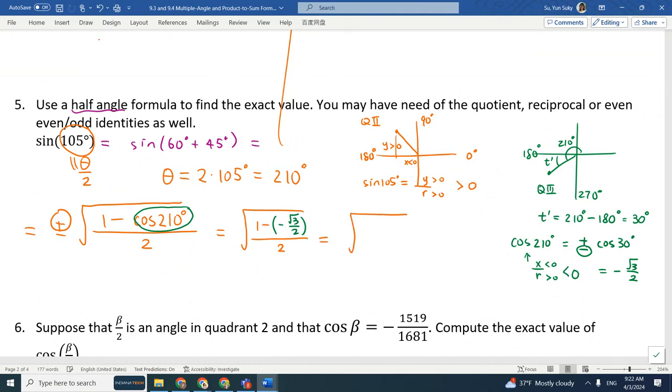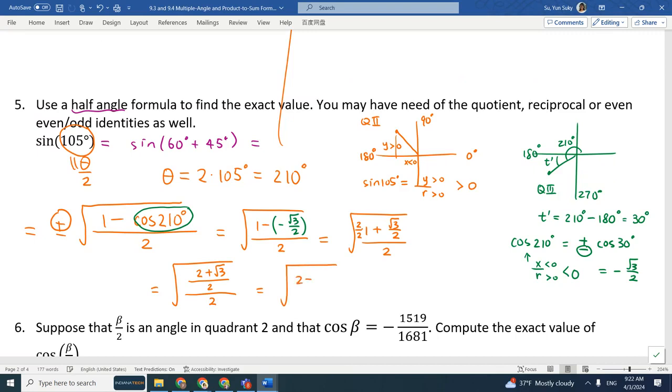That is 1 plus root 3 over 2, and all over 2. If you see a fraction in a fraction, you simplify. The common denominator up there is 2. So you multiply by 2 and divide by 2. You get 2 plus square root of 3, and then all over 2.